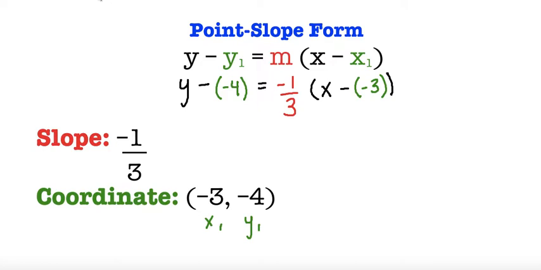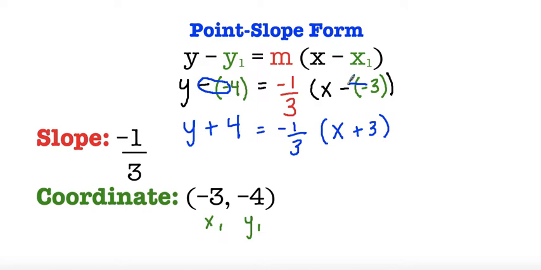By doing so, we would end up with y plus, because we're distributing the negative here, a negative times a negative is a positive. So y plus 4 is equal to negative 1/3, so negative 1/3, times x plus 3, because a negative times a negative is a positive. Now, be mindful that if we're working our way backwards in point-slope form, it's y minus y sub 1.